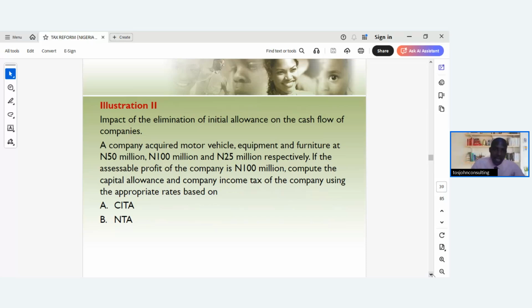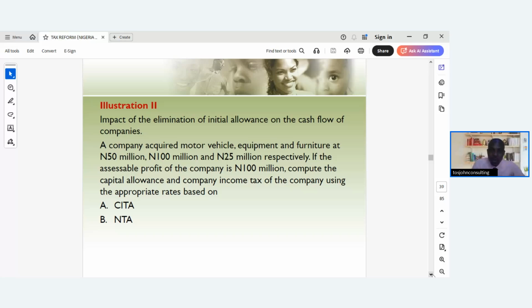So we look at illustration 2. Impact of the elimination of initial allowance on the cash flow of companies. What will be the impact of this elimination of initial allowance when we are computing tax liabilities of a company? A company acquired motor vehicle, equipment and furniture at 50 million, 100 million, and 25 million respectively.